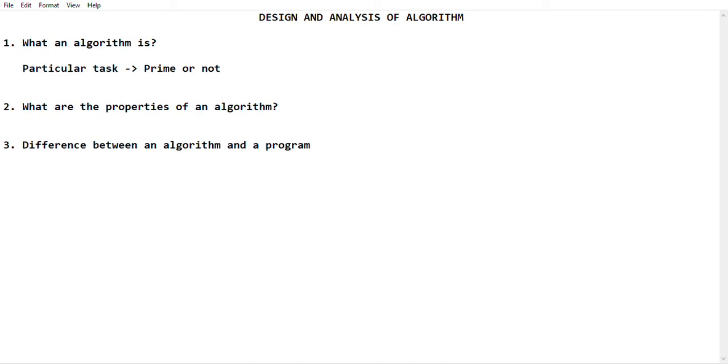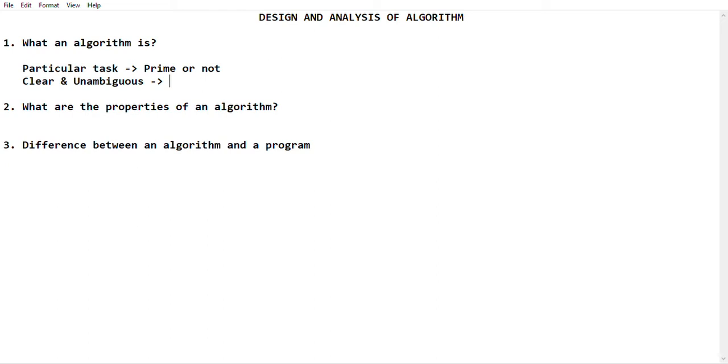An algorithm should be made up of clear and unambiguous instructions. An example of ambiguity is like this.